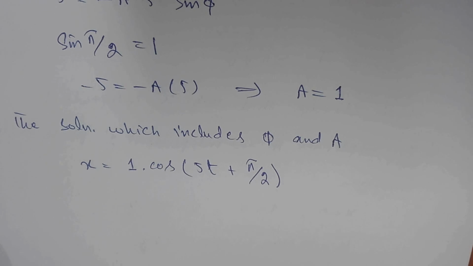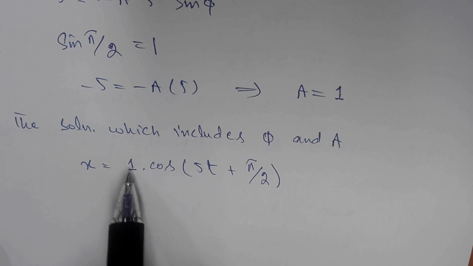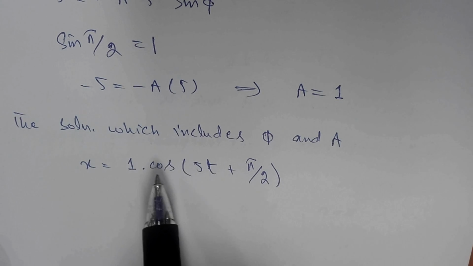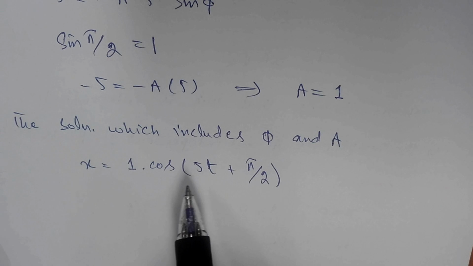So we see that the initial conditions determine the amplitude and phase angle. So this is the amplitude and this is the phase angle. These two values are determined by the initial conditions.